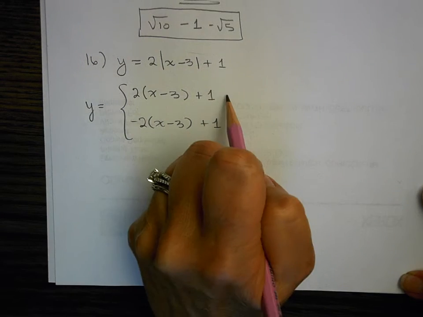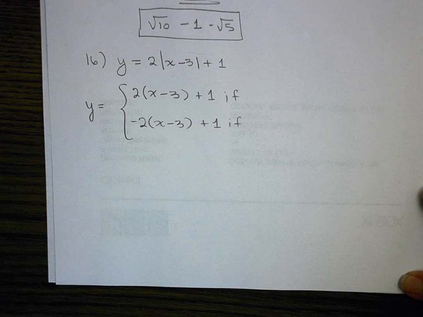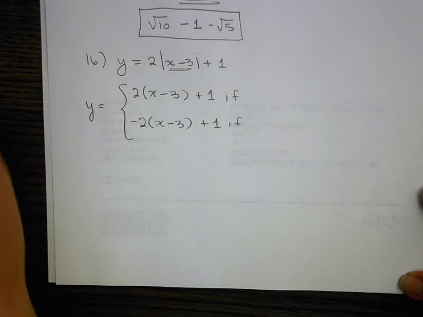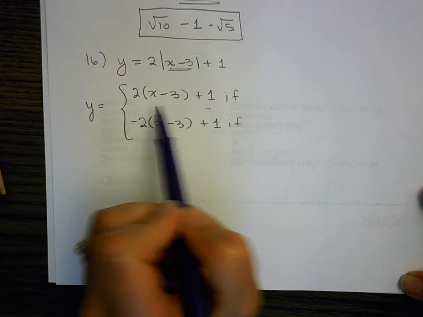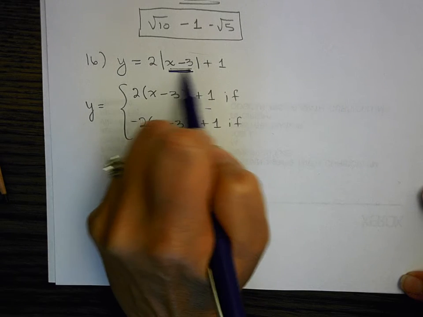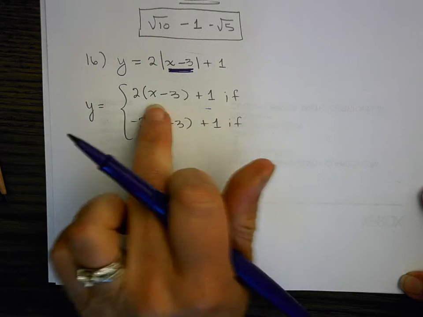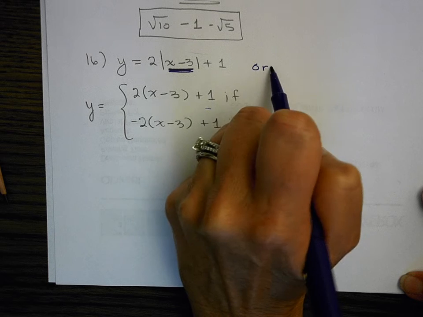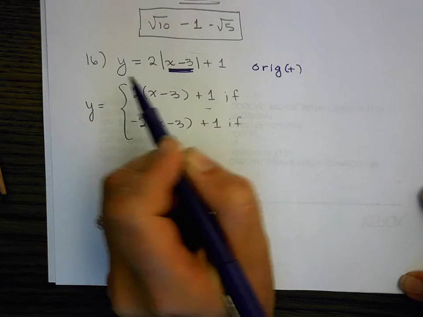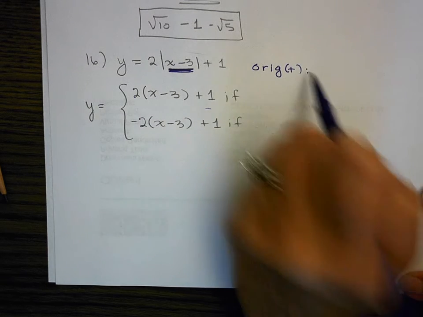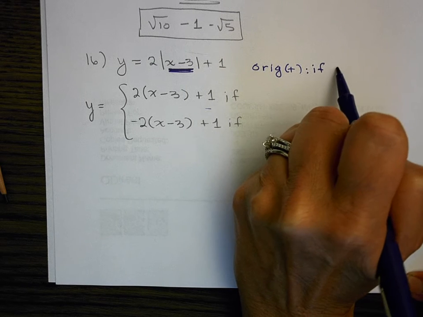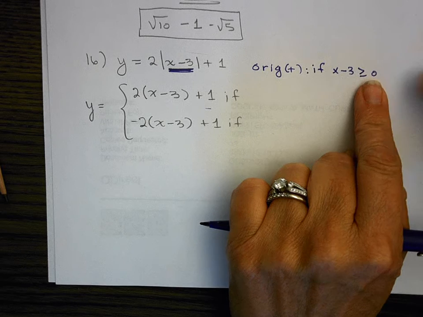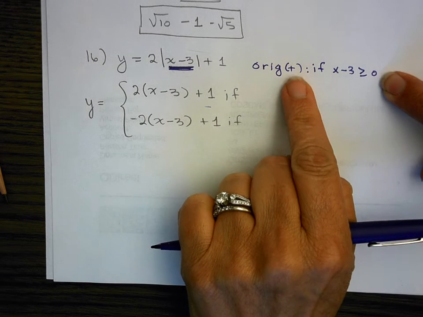So now I have to create my if statements. The original is only original if this is positive, right? So I need this right here. For my original, the absolute value needs to be positive, so that's only going to be true when x minus 3 is greater than or equal to 0, because greater than or equal to 0 means you have a positive value.